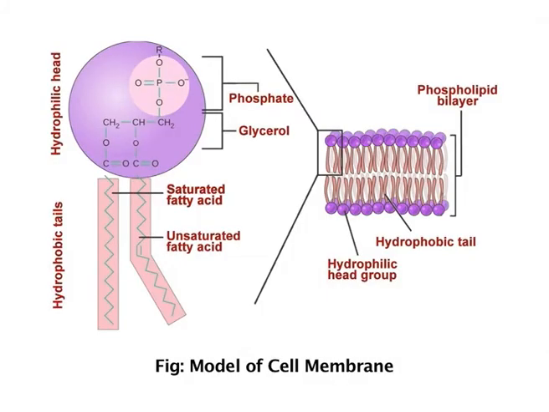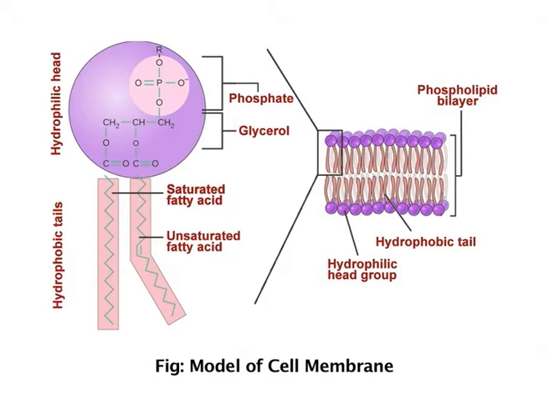Cell membranes, or biological membranes, are organized assemblies consisting mainly of proteins and lipids. The structure of all the biological membranes has many common features, but small differences exist to accommodate the varied functions of different membranes. Phospholipids are the major class of lipids that form the membrane.